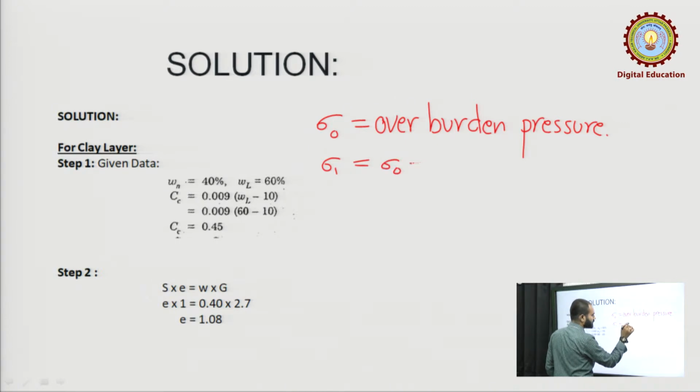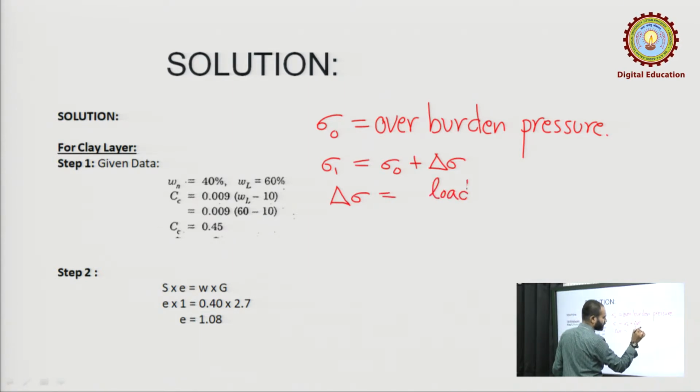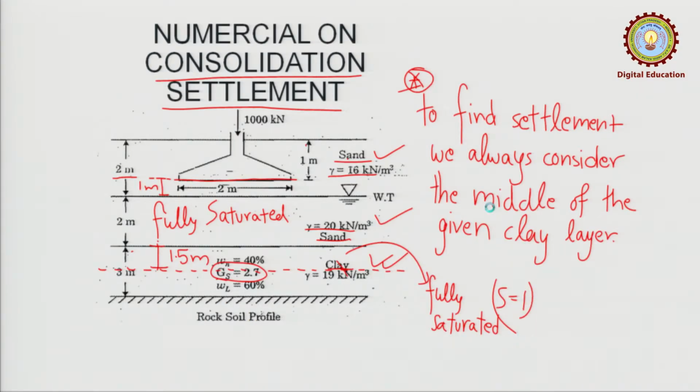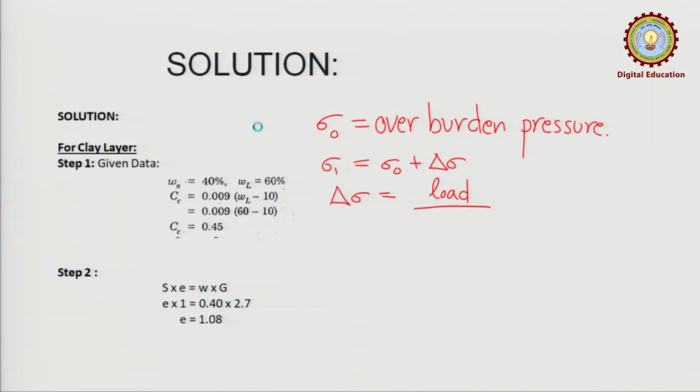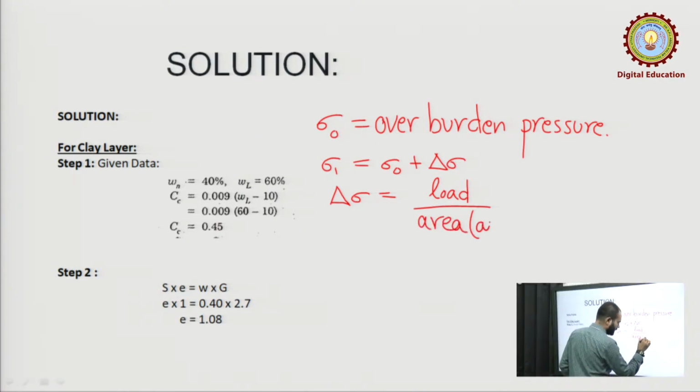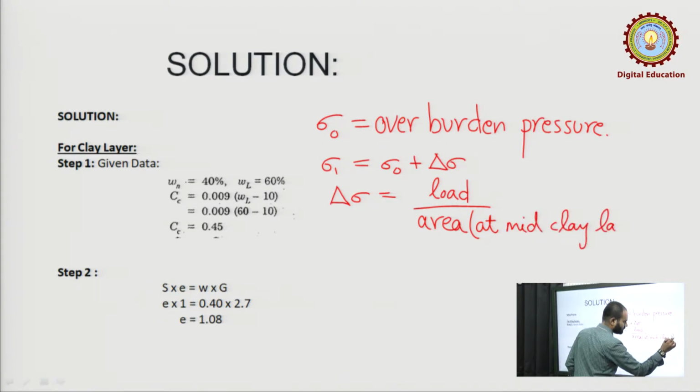It will be actually equal to sigma naught plus delta sigma, and this delta sigma will be the load or excess or extra load which was found out later on due to the foundation, which is here you can see 1000 kilonewton. Okay. This is the new load which this clay layer has to bear, or new load, this is the extra load. Okay. So, load upon area at mid clay layer. Okay. This is the formula.